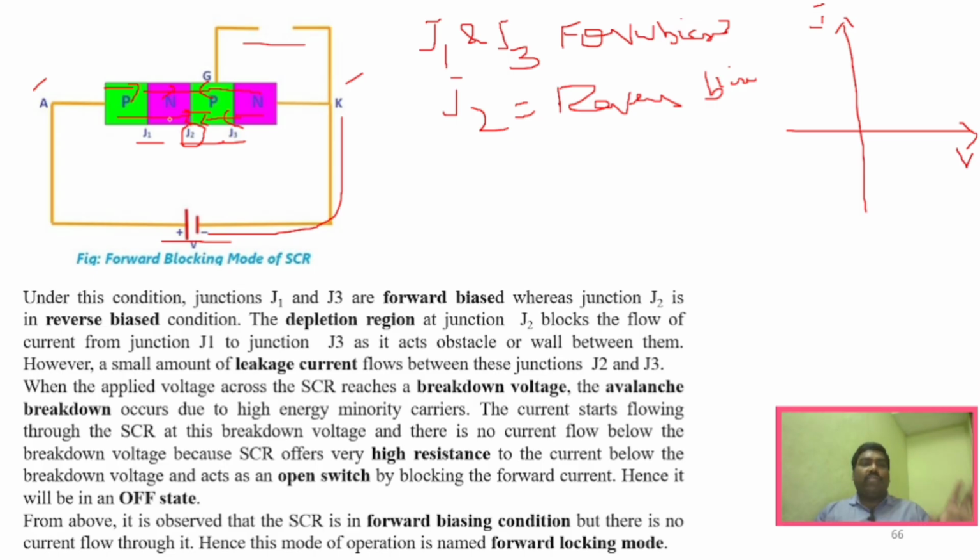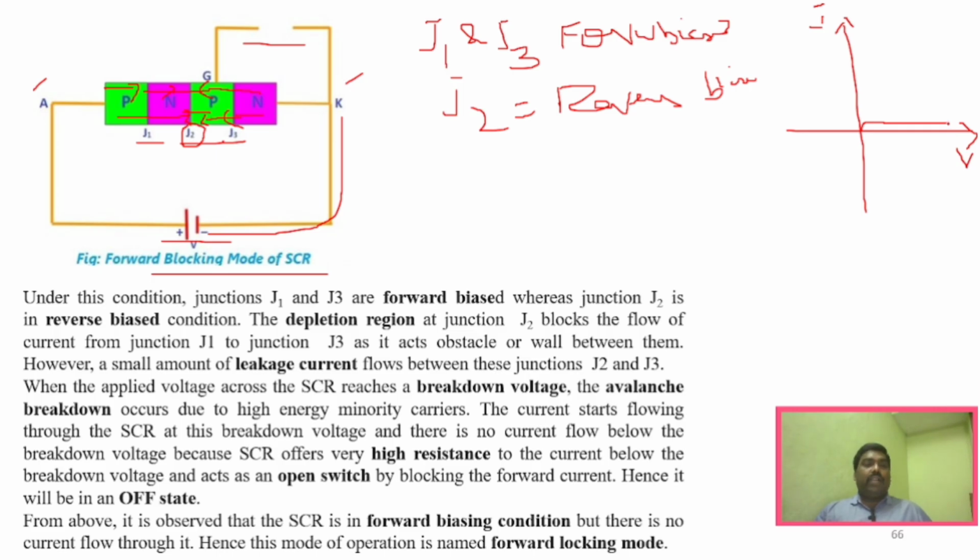So no current will flow, only some small leakage current due to minority carriers. Whatever voltage you apply, the SCR will not conduct; it will be in off state. That is why this is called forward blocking mode, where the SCR will be turned off. So when will it be turned on?